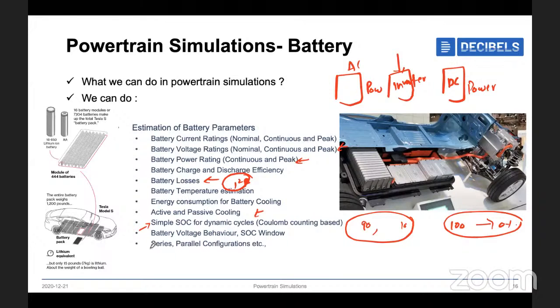So if you observe these three things, the vehicle, motor, and battery, the only inputs we are giving are the vehicle parameters, which is nothing but the vehicle mass, the rolling resistance coefficient and radius of the tires, and also the aerodynamic coefficients and the drive cycle. These are the important inputs we are giving, but as outputs we are getting many parameters, whether on the vehicle side, motor side, or battery side.